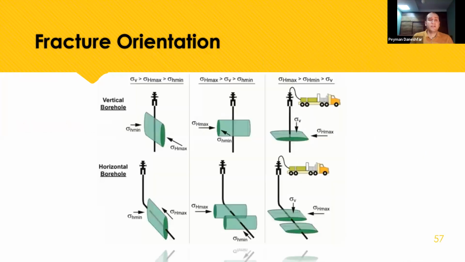For a vertical borehole, if our vertical stress is bigger than the two horizontal stresses, our fracture will be the same. You can see all of the possibilities here.